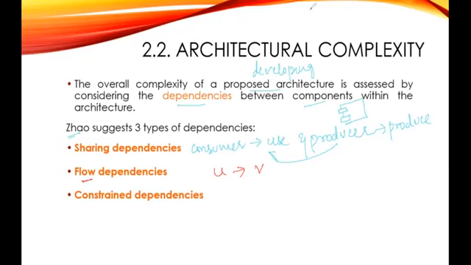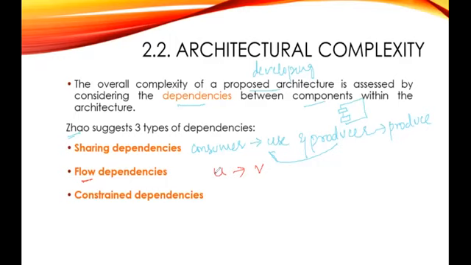Then the third type of dependency is called constrained dependency. Now this constrained dependency is going to represent constraints on a relative flow of control. We are going to have some constraint, that is some limitation among the flow of control between different components.